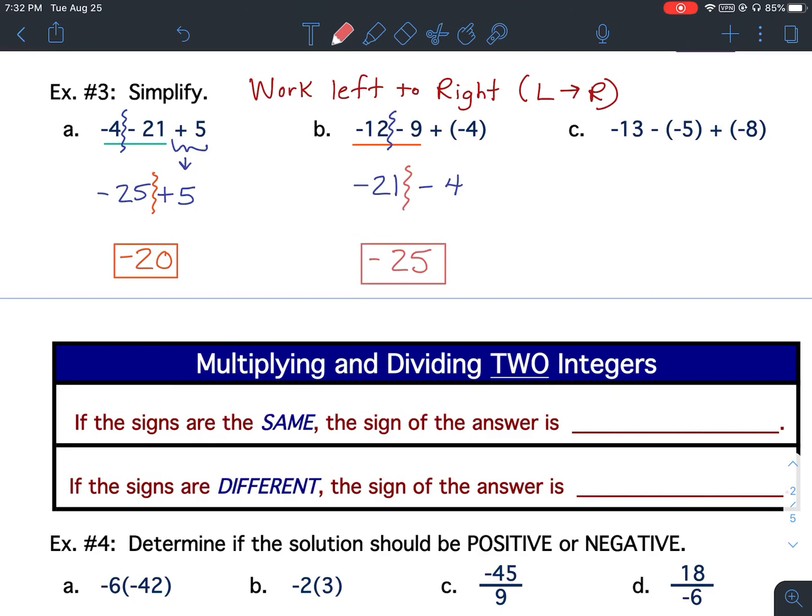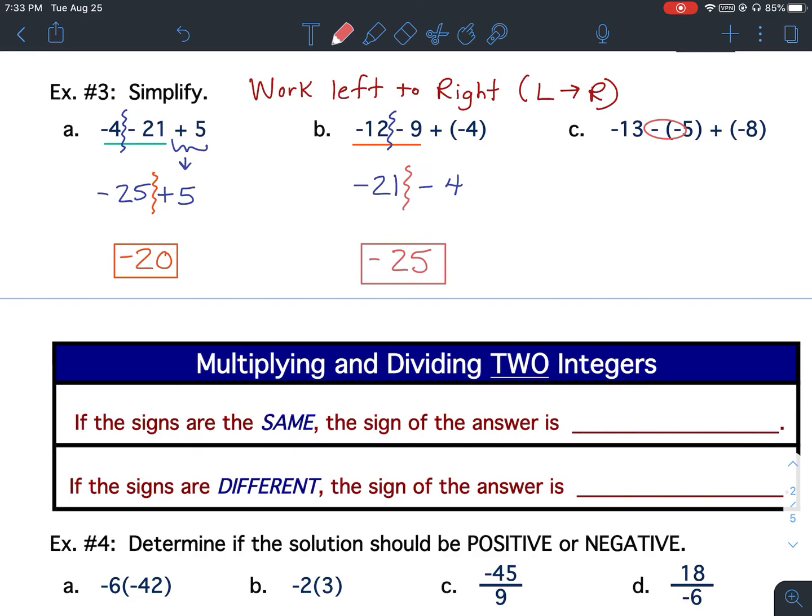All right, for C, the first thing you want to look for are double negatives. Right here, I have double negatives. I also have double signs here at the end that I'm going to get rid of. So I'm going to get rid of all my double signs. Double negatives become positive, and if it's a positive and a negative, it's going to stay negative.